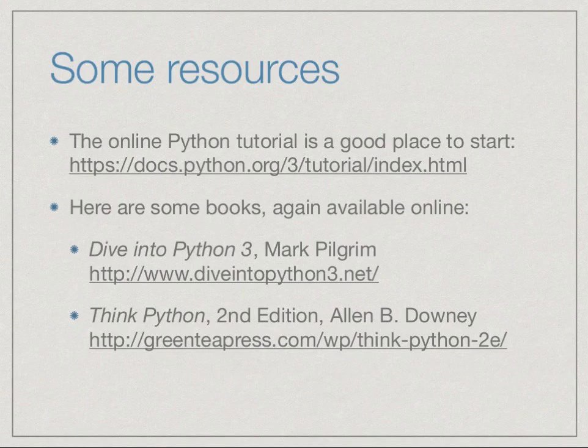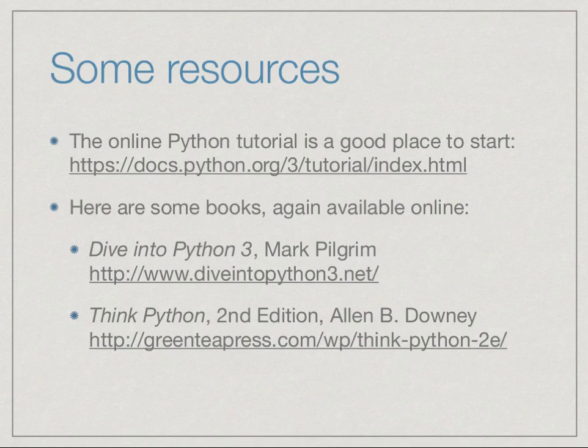So here is a URL, docs.python.org/3. This is for Python 3. Tutorial index.html. If you just go to docs.python.org/3, you will find there are also more detailed reference manuals and so on, which you might need at a later stage. So do keep this as one of the places that you look when you have difficulties.